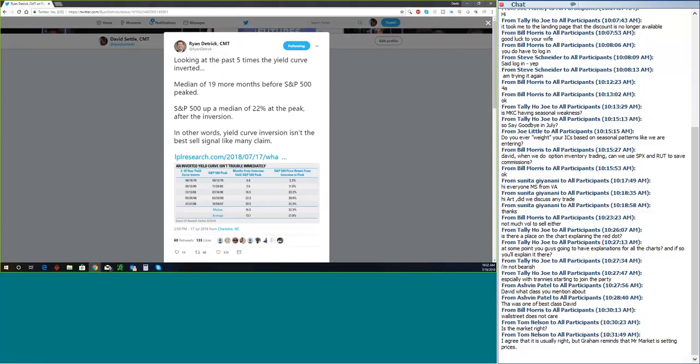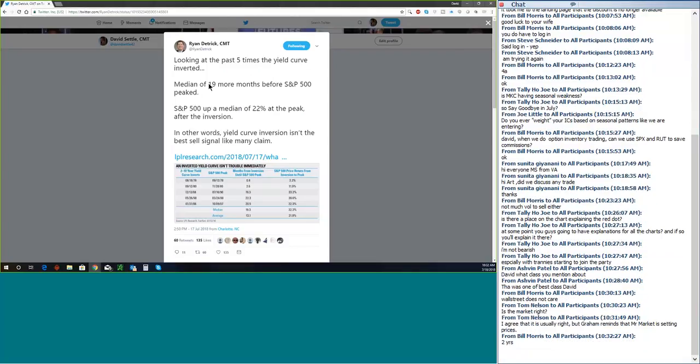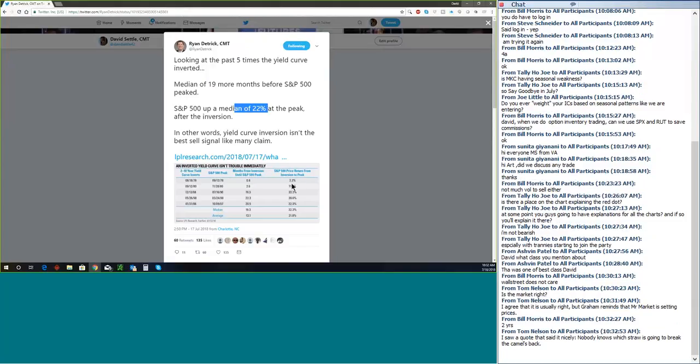After the yield curve inverts, the recession usually comes, or at least the stock market peaks, almost 2 years later. The last 5 times we've had inverted yield curves, the S&P 500 peaks 19 months later on average, with a 22% move. There's a couple that are a little bit quicker, but even those two had decent rallies in those short terms.